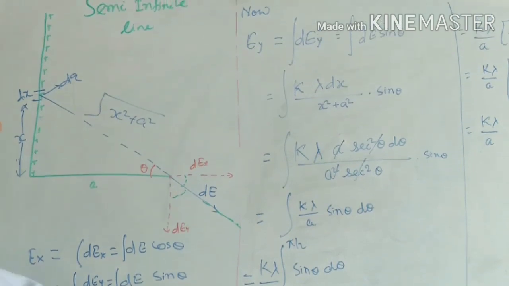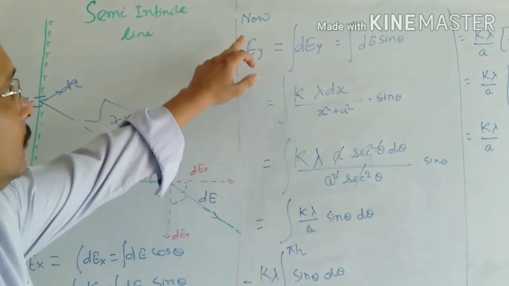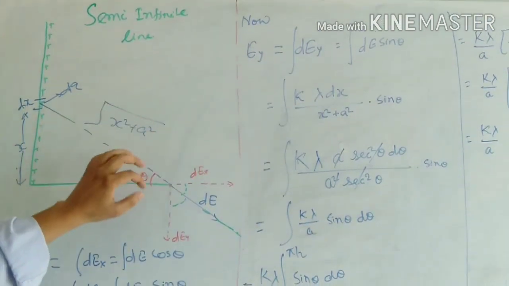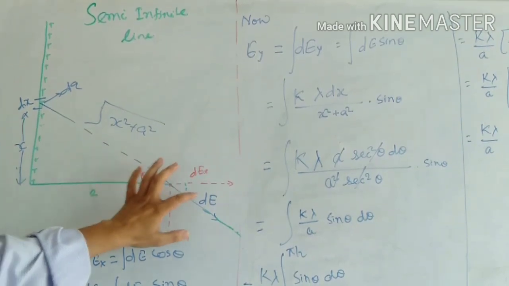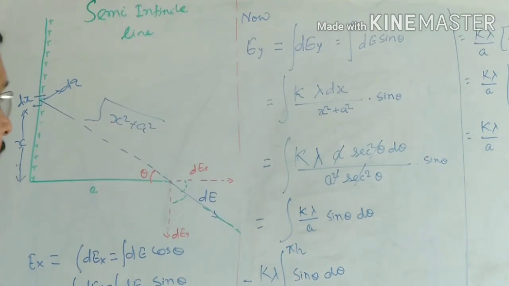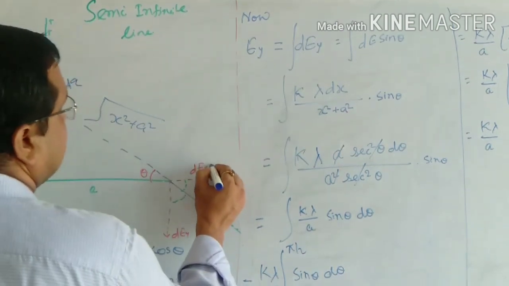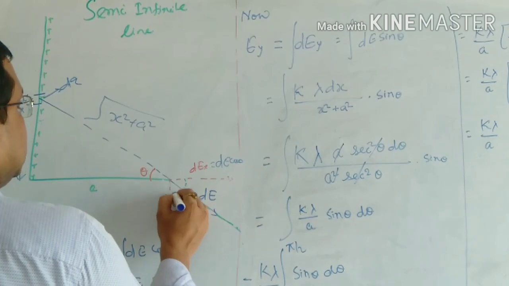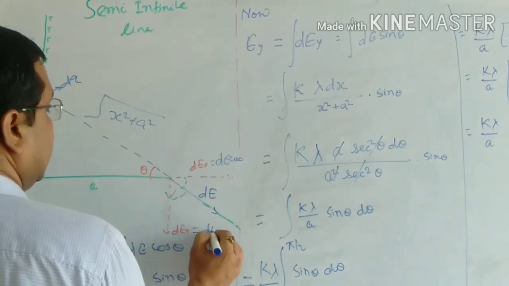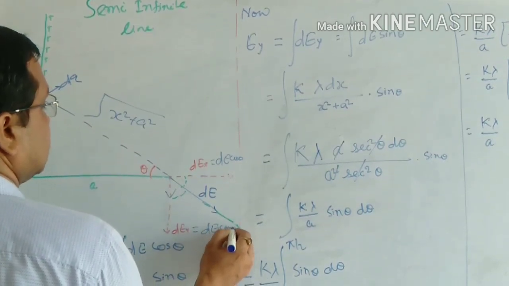So now after Ex we can calculate the value of Ey in the same way. So what is the value of dEy? dEy is dE sin theta. Definitely dEx is dE cos theta and this is dE sin theta.